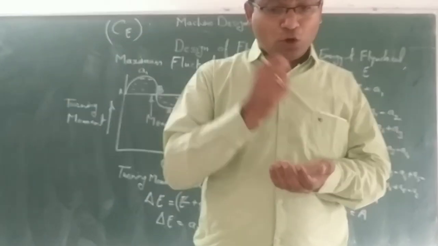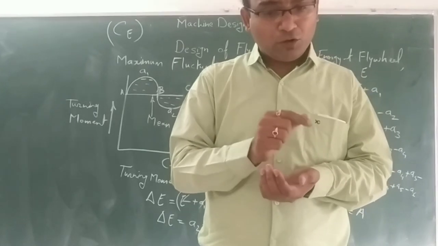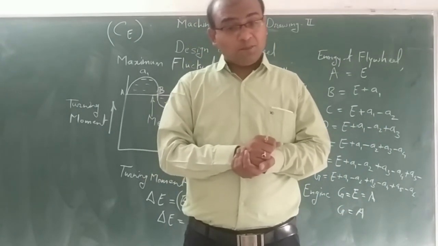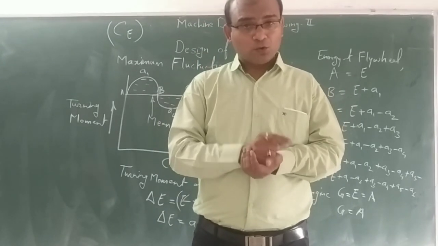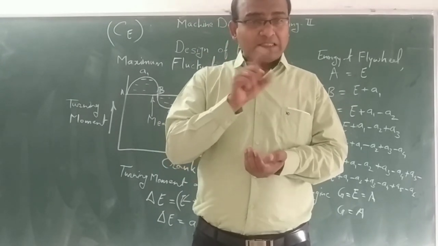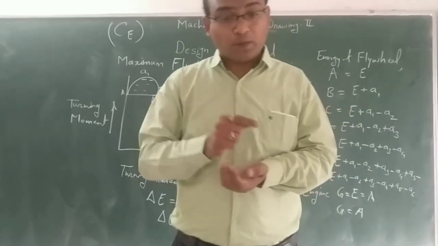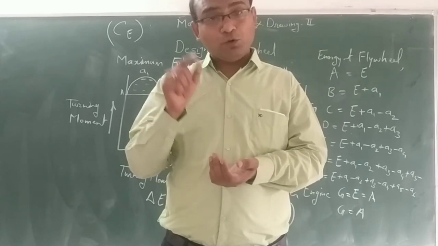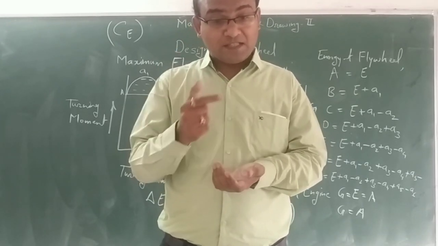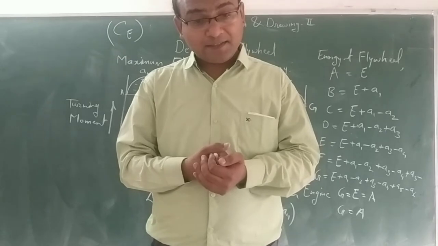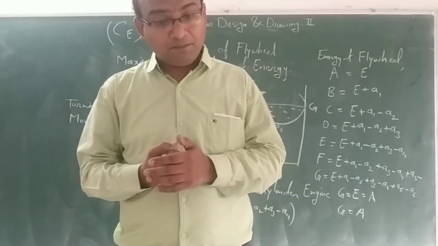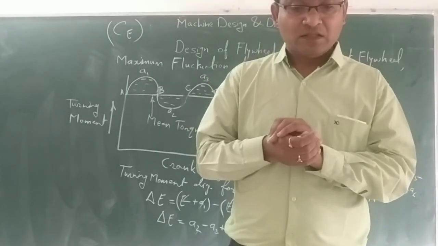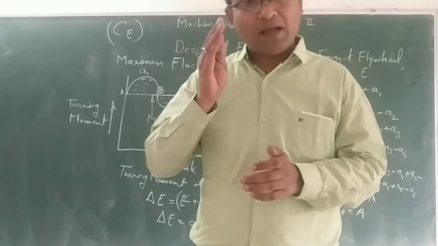Therefore, the mean torque T mean equal to, do you know the formula of your P? P equal to 2 pi NT by 60. That's why T mean equal to P into 60 upon 2 pi. That's why T mean equal to P upon omega, where P is the power transmitted in watt and N is the speed in RPM, and omega is the angular speed in radian, that is omega is your 2 pi N by 60.